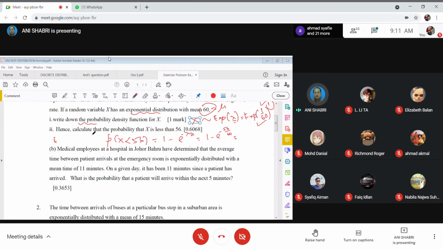Number B is about the memoryless property.